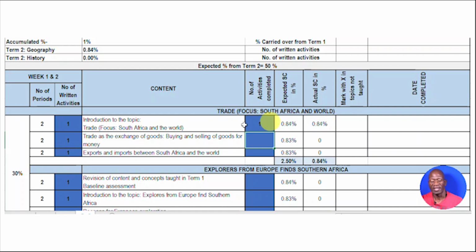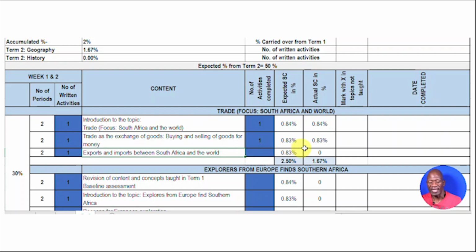0.84%. Then moving right along, the next periods, 2 periods. The expectation in terms of number of activities, we are having 1, the topic is this one, or the content. So if the teacher again has done that, he or she is going to indicate that the expected number of activities, we are having 1 and I have done 1, then I'm going to type 1.